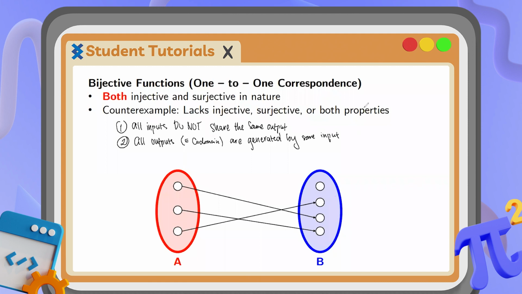And notice how this value over here is not being mapped by the function based on some value in the domain, which would make this not surjective, but it would still be injective because all our values in the domain map to some different value in the codomain which they do not share. So while it is not surjective but it is injective, it's still not bijective.